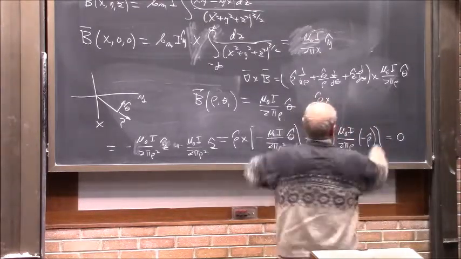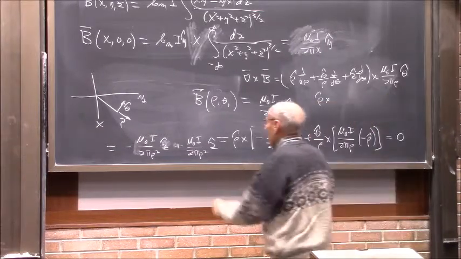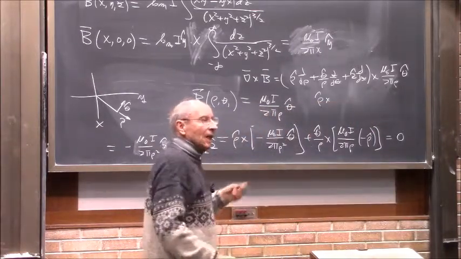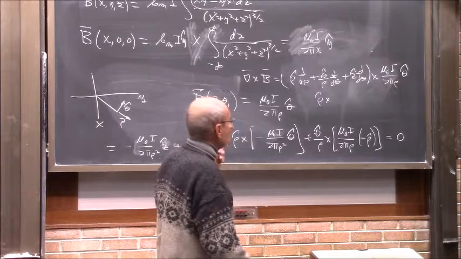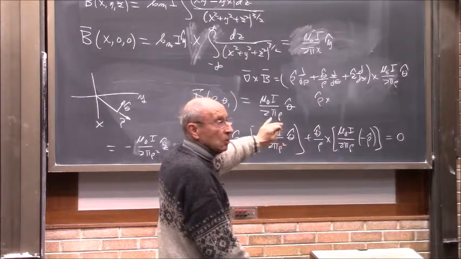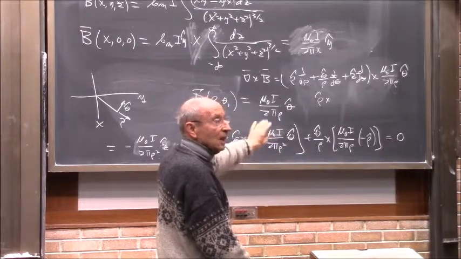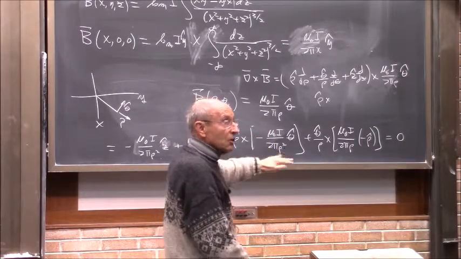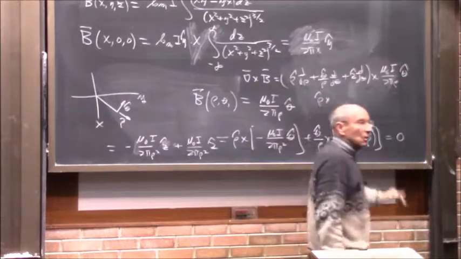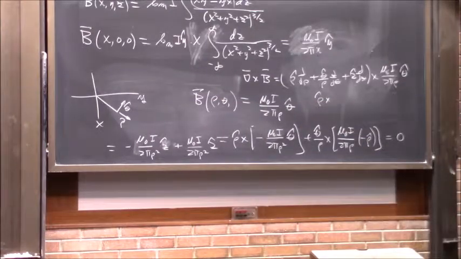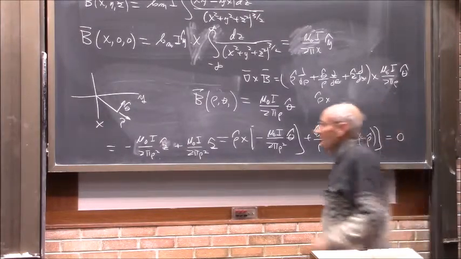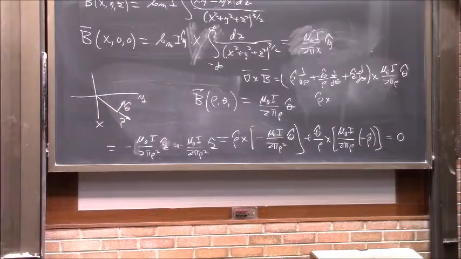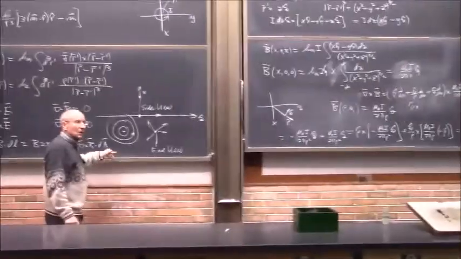Because we've got a 1 over rho, and a 1 over rho squared, there's a singularity at that point. So we can't trust this calculation at the point rho equals 0. We can trust it everywhere else, and everywhere else, you get the curl to be 0. At rho equals 0, you can't trust that. So we expect that we're going to have something special happening at that point, and that's what we're going to investigate next.